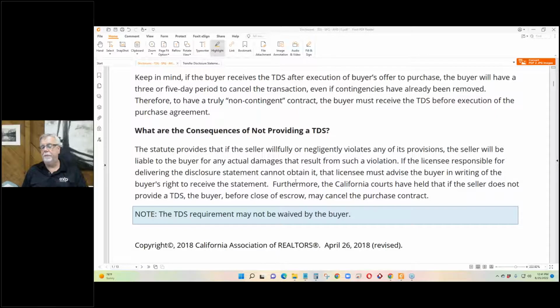If they back out based upon something in the purchase agreement, they get their money back, assuming they haven't removed all their contingencies, right? So removing your contingencies, you could lose the EMD based upon the SPQ and the HOA and other things that you may not like, but the TDS overrides all that, right? If the buyer backs out based upon being given the TDS within 5 days, they get their money back. That's just what the code says.